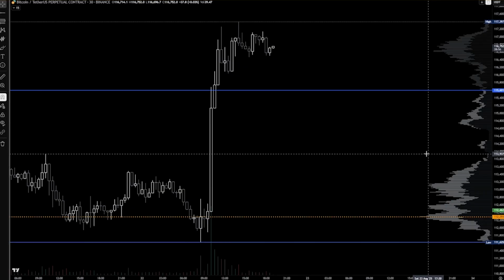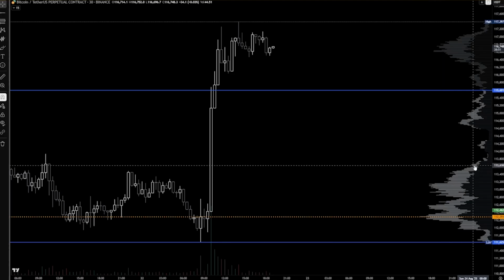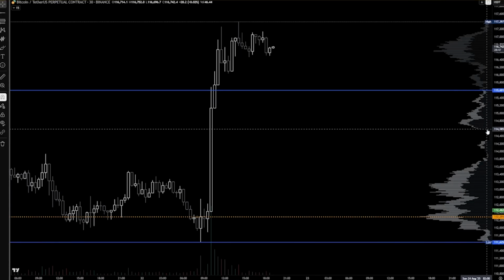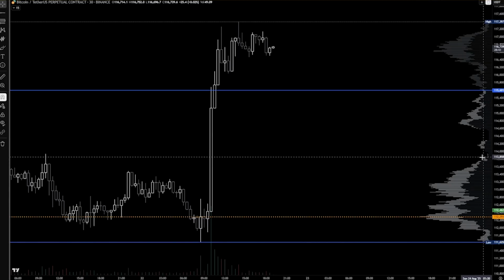But the areas of larger volume, these are called high volume nodes. And the areas that there is less volume, like valleys in the profile, those are low volume nodes.